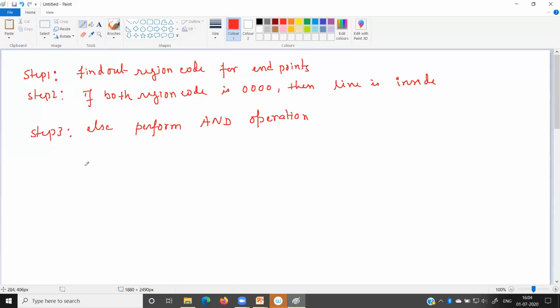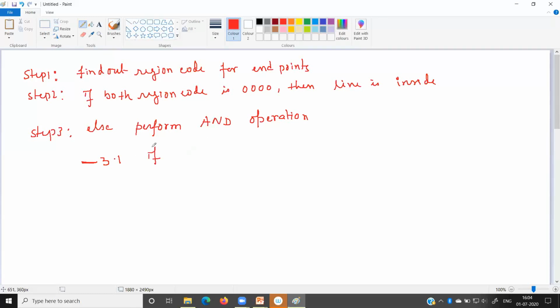Now here we have to go for a sub step after performing this one. So let us say this is 3.1: perform the AND operation.